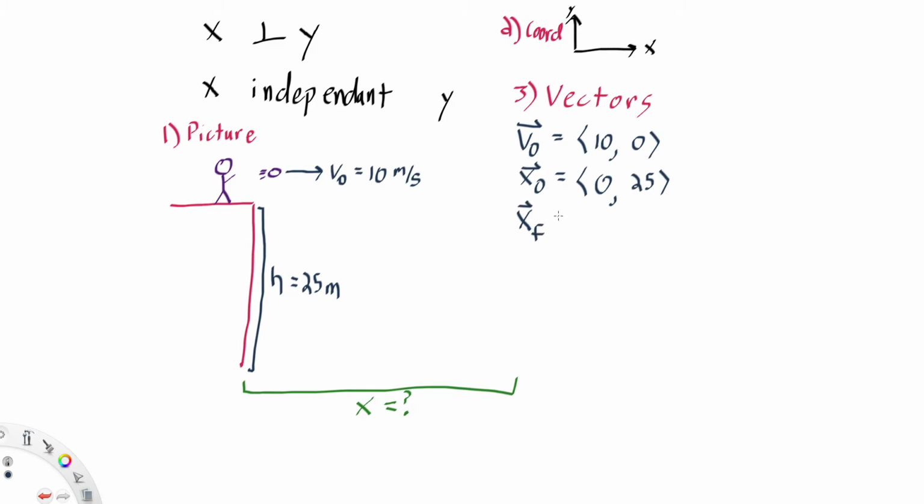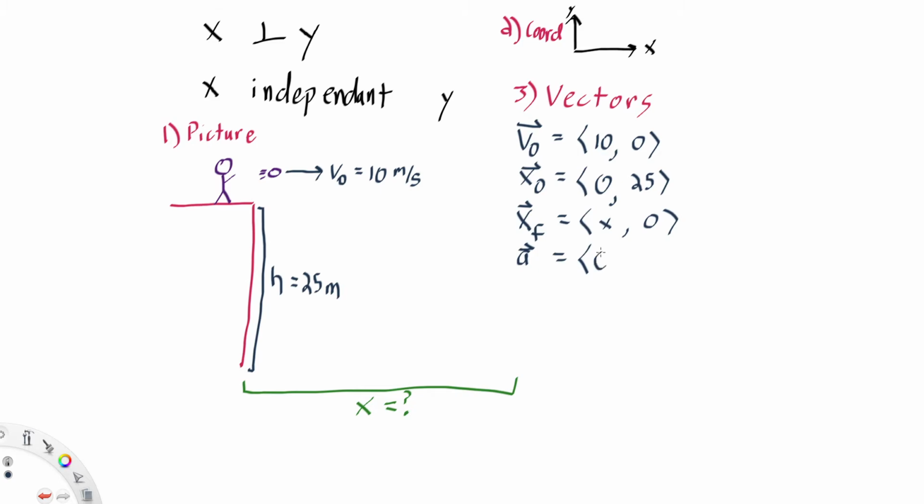Similarly, we can write down our final position as some amount in the x direction and 0 in the y direction. And we can write down the acceleration that our rock is experiencing in this situation.